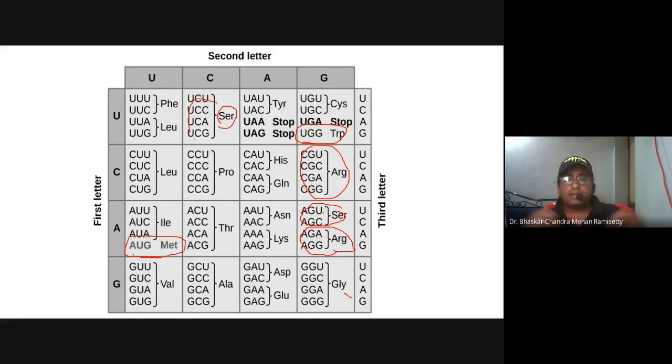And then there is diversification. There are modifications to the genetic code, and that's why you see differences in different organisms. I don't need you to mug up this, but it's important that you know the start codon, AUG, and the 3 stop codons, UAA, UAG, and UGA.